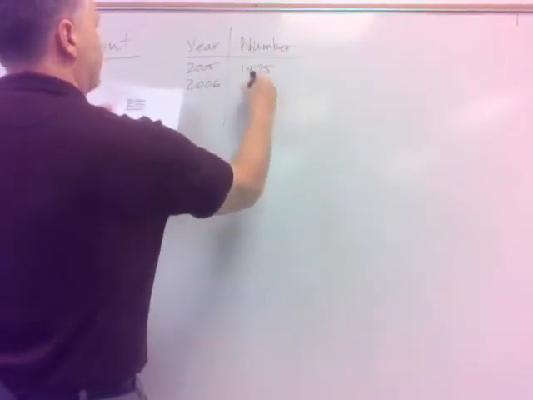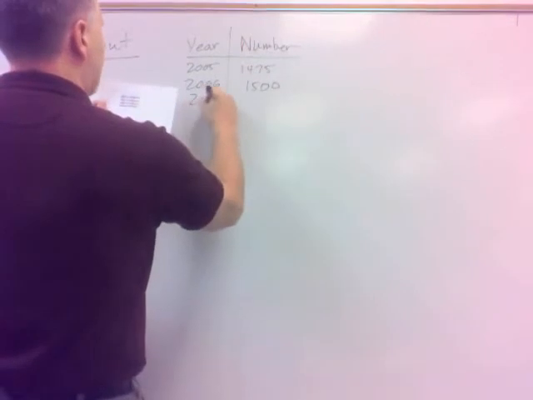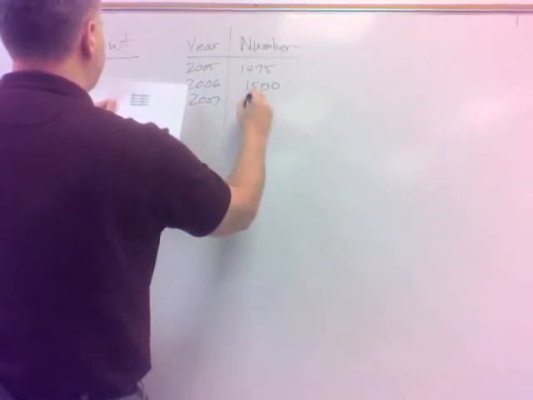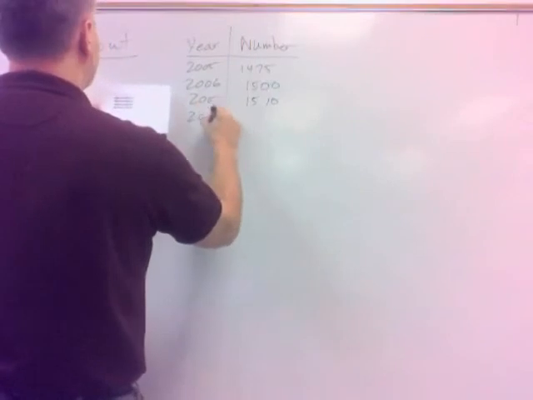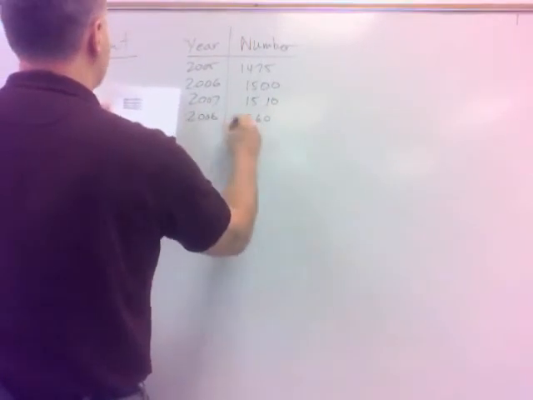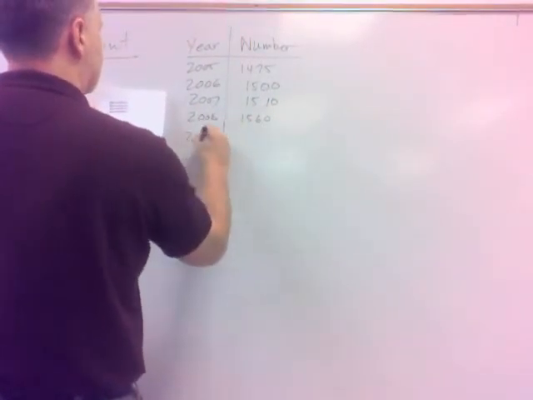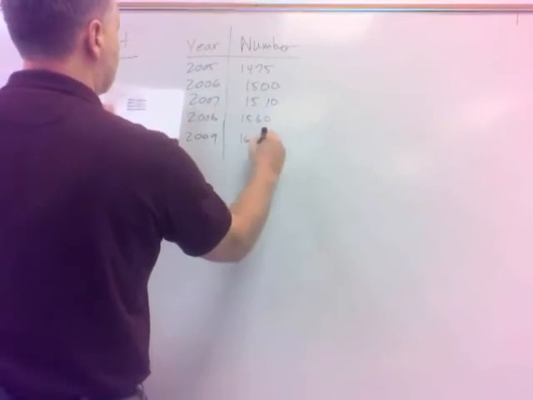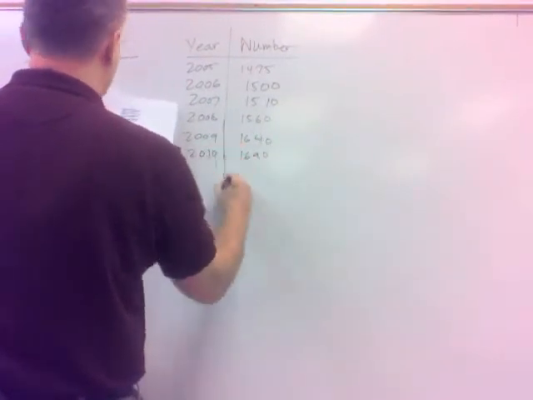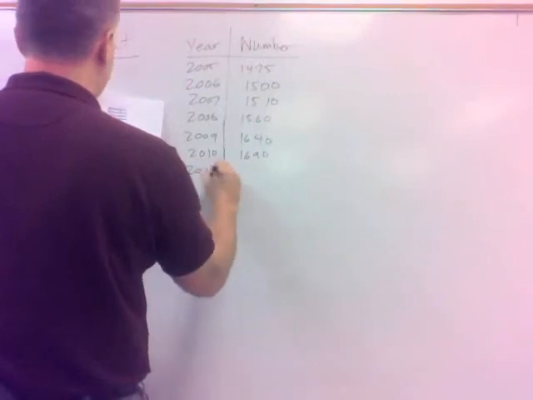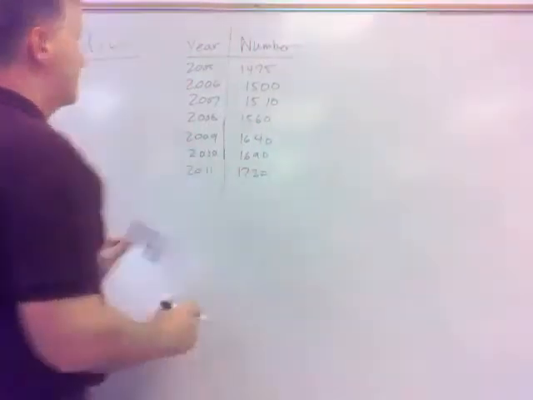Everybody get one? All right, so we've got years 2005 through 2007. A bunch of points, okay? This should remind you of scatter plots. So that's going to be where we start.